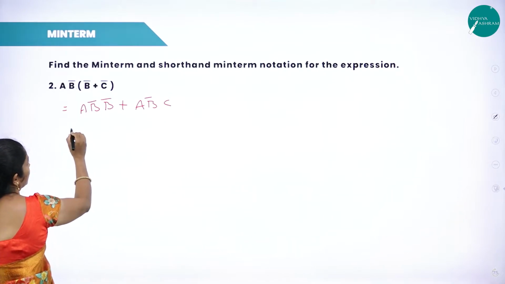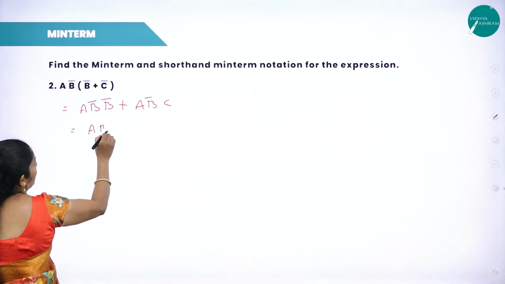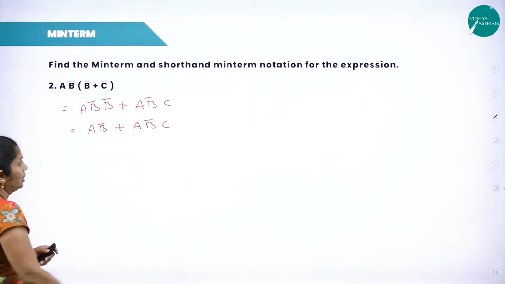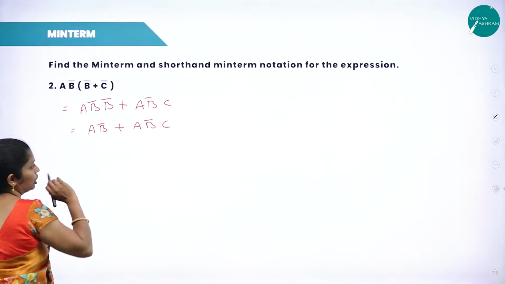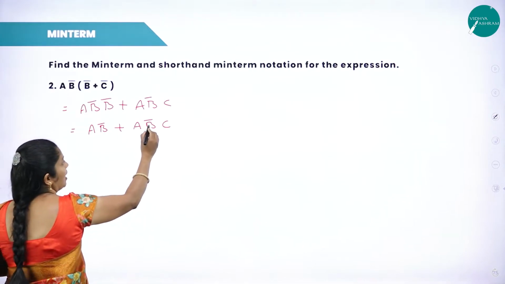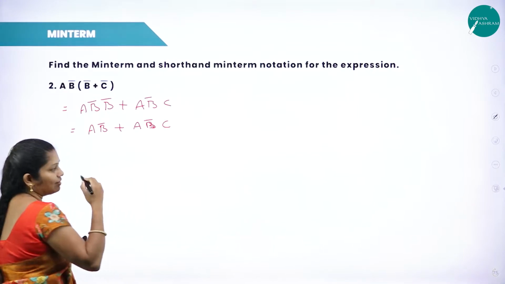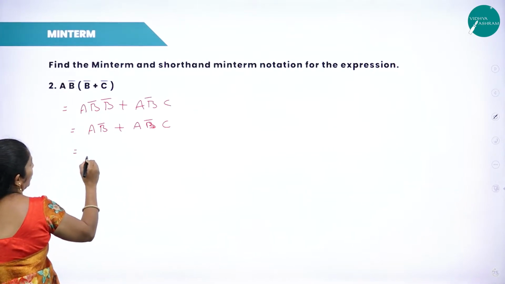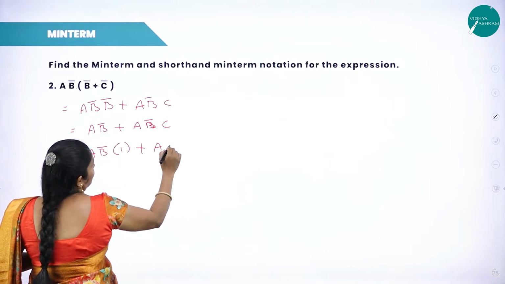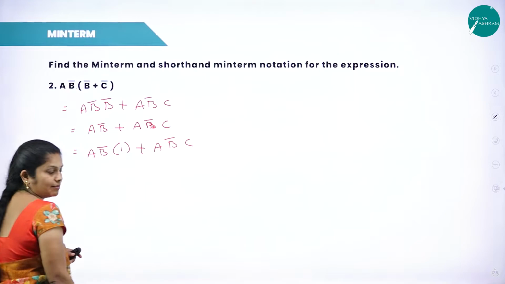Now here b bar appears 2 times, then a b bar plus a b bar c. Now we have 2 parts here. Here only one variable is missing, c, and here all the variables are present, that is a b bar and then c. Everything is present. That's why now a b bar into 1 plus a b bar into c.